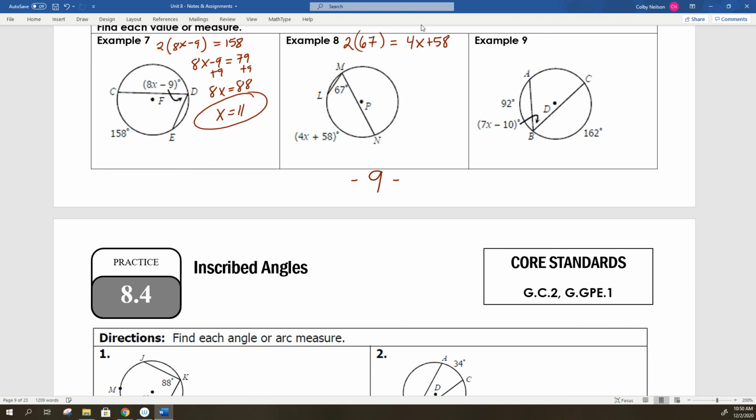That looks like an easier route than trying to divide 4x plus 58 by 2 and then set it equal to 67, but it's doable still. 67 times 2 is 134. Subtract 58. 76. Yeah, 76.